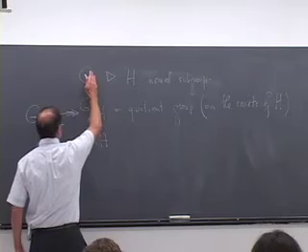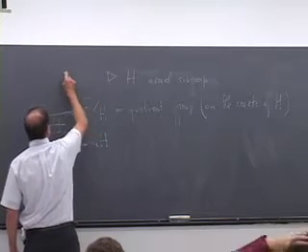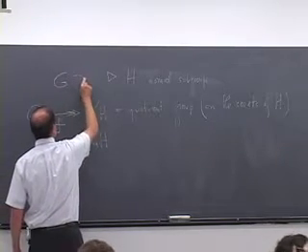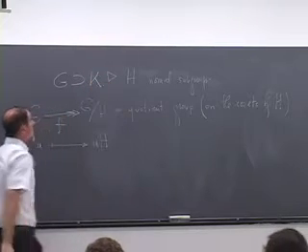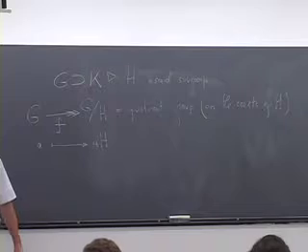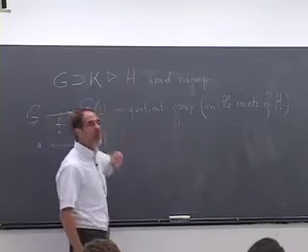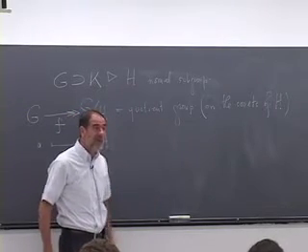Namely, suppose that between G and H, we have another group called K. So K is a subgroup of G that contains the normal subgroup H. We'll have examples of this.